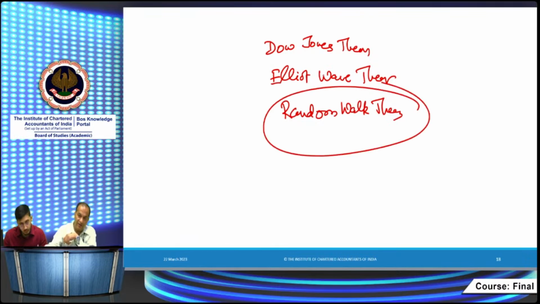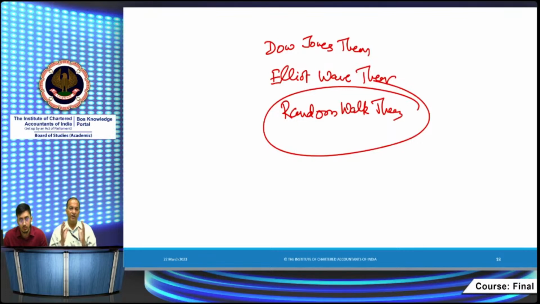Now this theory is very interesting. What this theory says is that no news works; the market behaves in a random manner. The propounder of this theory commented in a very funny manner. They compare this theory to a drunken man who is standing on one side of the street.